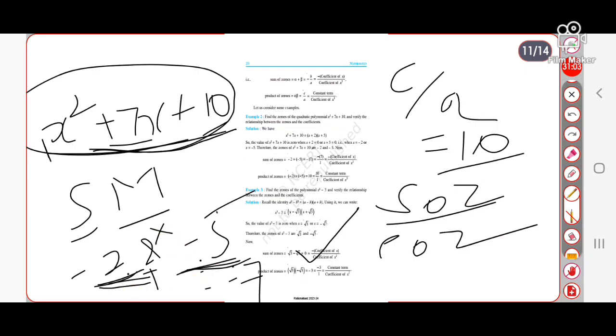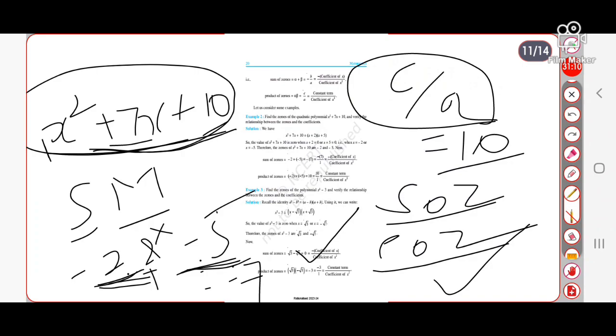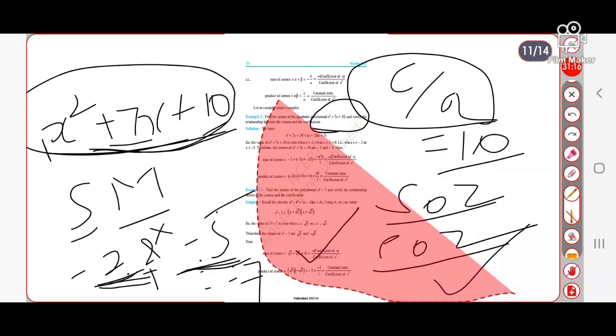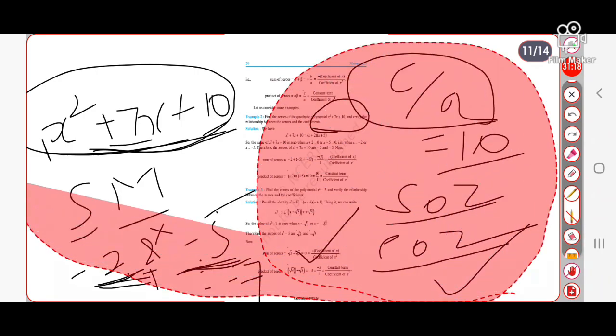So the product of zeros is also perfect by the formula c by a for this equation x square plus 7x plus 10. So by this way you can find the zeros of the polynomial by splitting the middle term and arriving at the values, no problem in this situation.